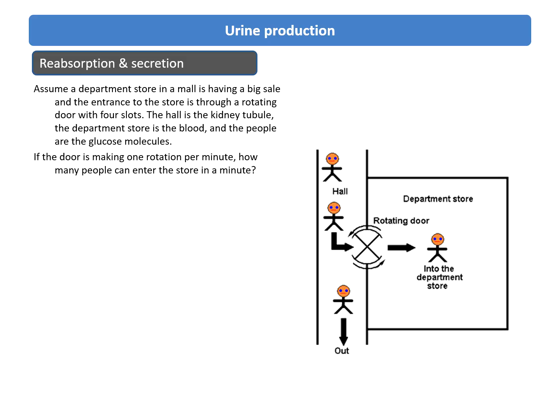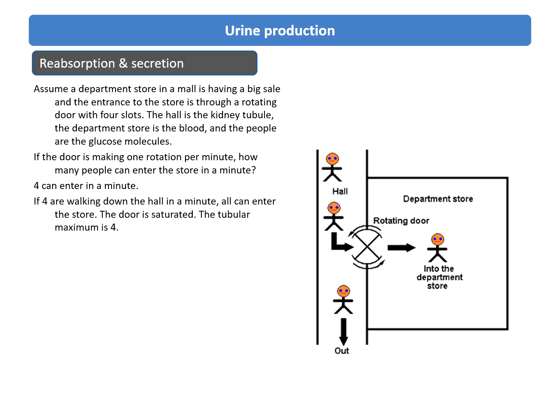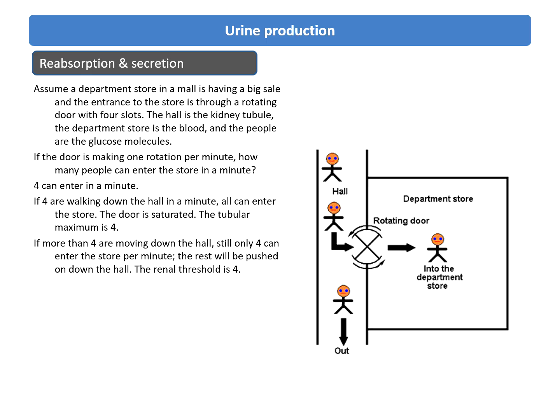Therefore, as the people are working their way down the hall, how many people can enter the store in 1 minute? 4 can enter in a minute. If 4 are walking down the hall in a minute, all can enter the store because the door has been saturated. In this case, the tubular maximum is 4.